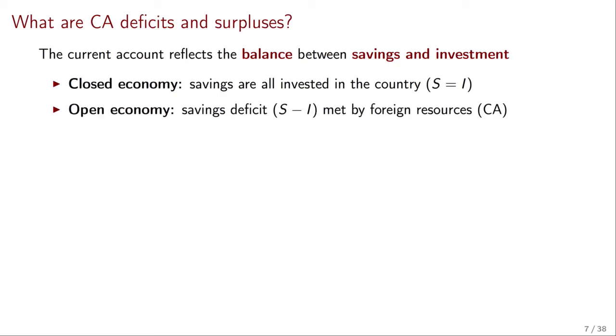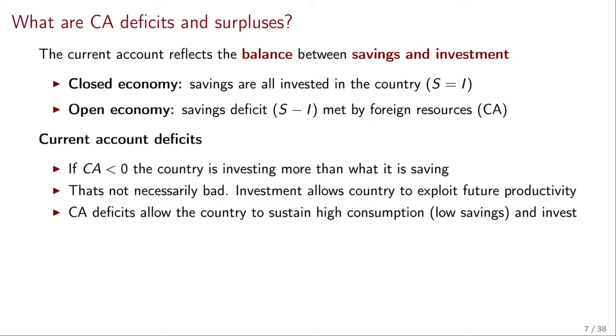In an open economy, you can have a savings deficit. S, the savings, is how much money you have to invest, net of how much money you want to invest, I. That difference, that deficit, can be met by foreign resources, and these foreign resources are the current account. So a current account deficit, that is, if the current account is less than zero, means that the country is able to invest more than what it's saving.